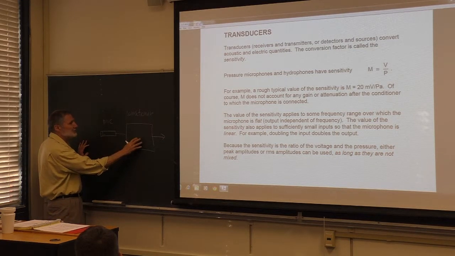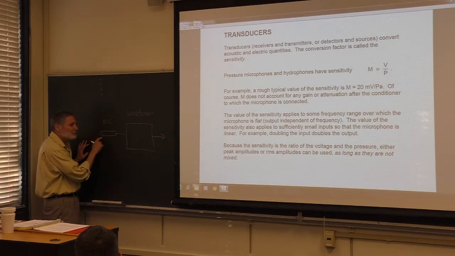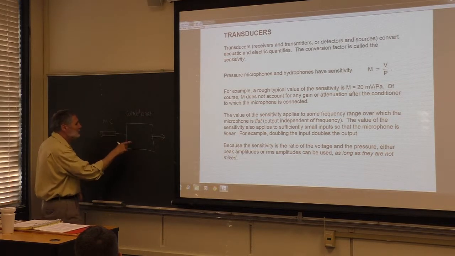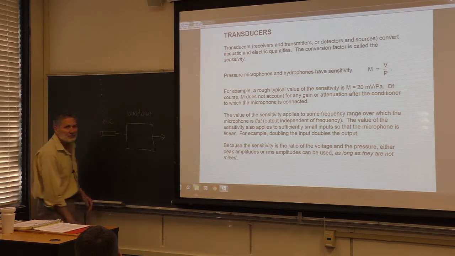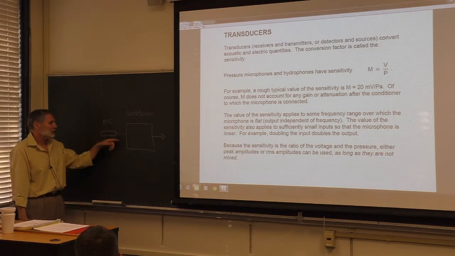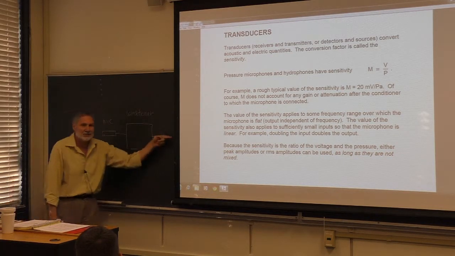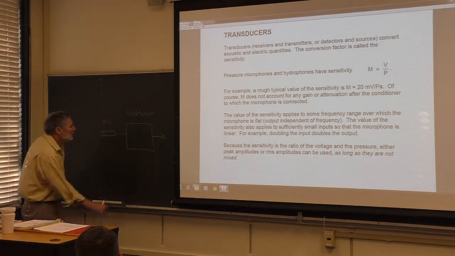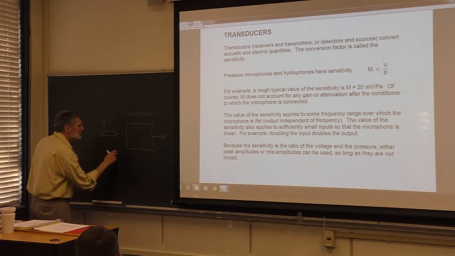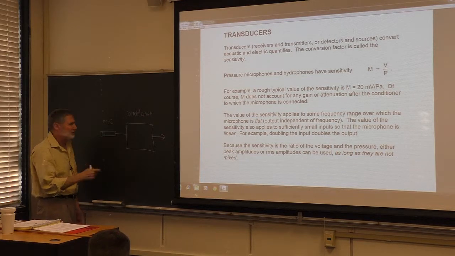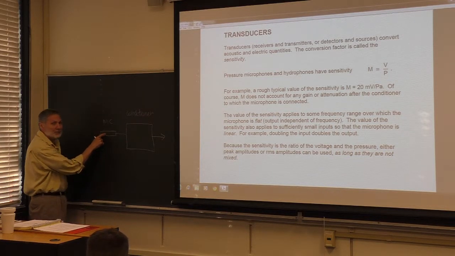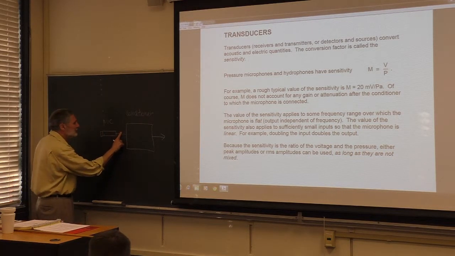So this thing has two functions. It powers the microphone, and it will also have some amplification of the signal. Often you need some kind of electrical amplification to make it manageable, to send it to an oscilloscope or something like that. Sometimes people call this a preamplifier. There's typically a preamplifier in here, and the reason is there can be some distance here.